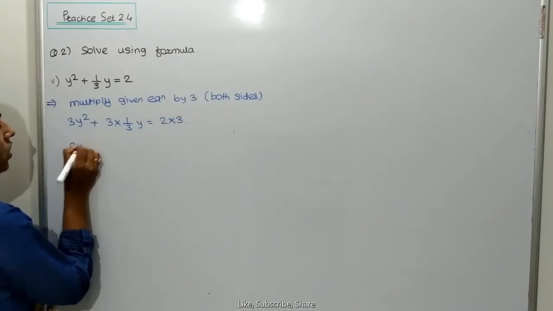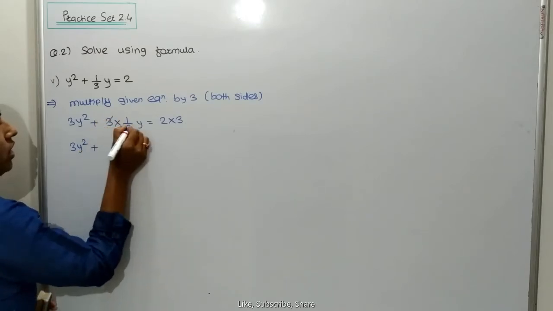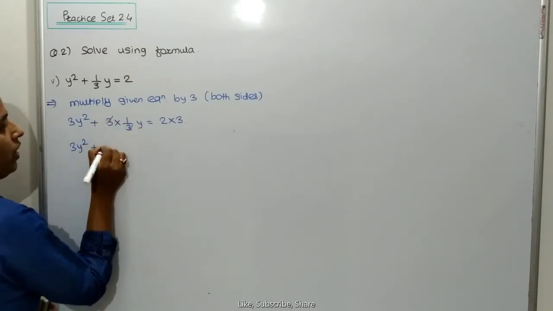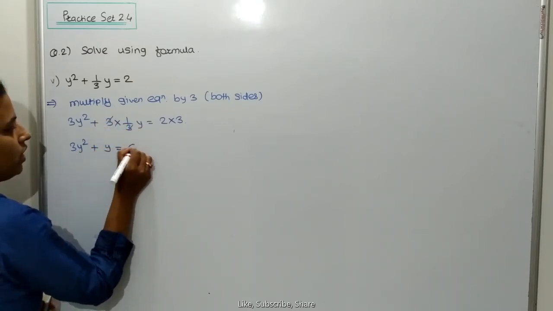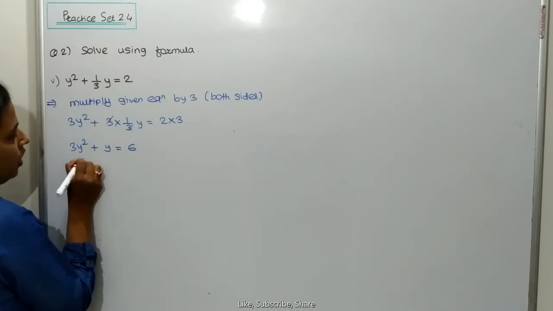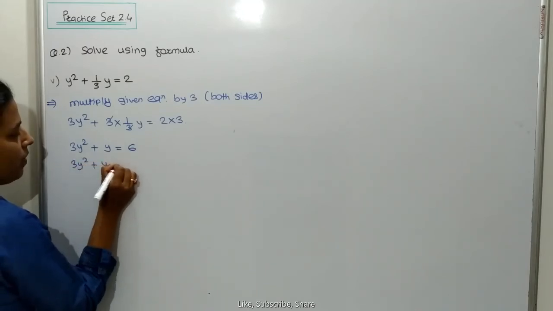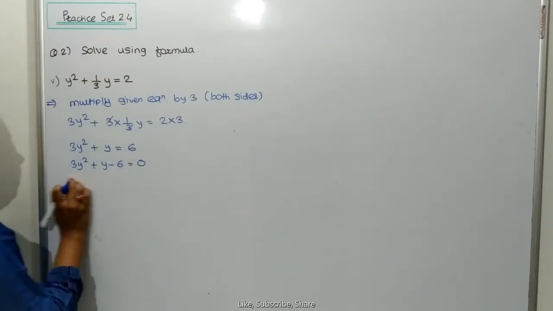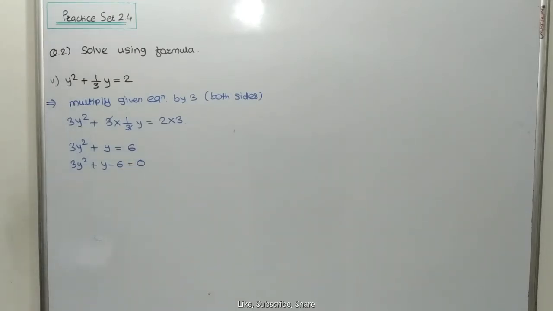Now 3y square plus 3, this 3 and this 3 will cancel. What is the remaining here? That is y is equal to 6. Now 3y square plus y minus 6 is equal to 0.